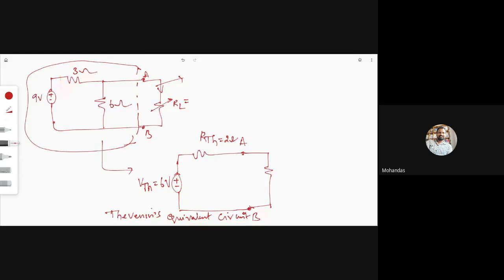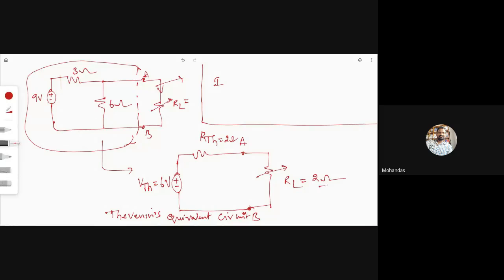For calculation of the current, he is asking about the current I when RL equals how much? In the first case, what is the RL value? 2 ohm resistance.